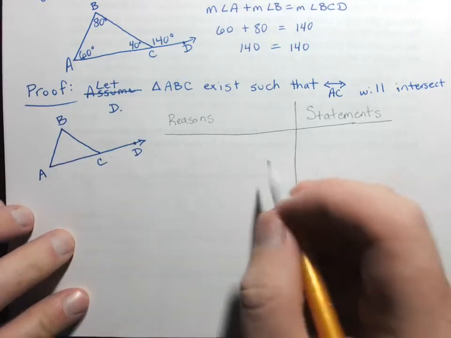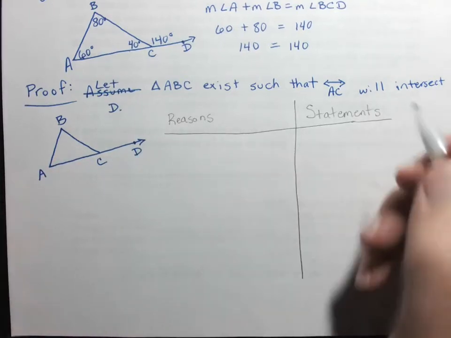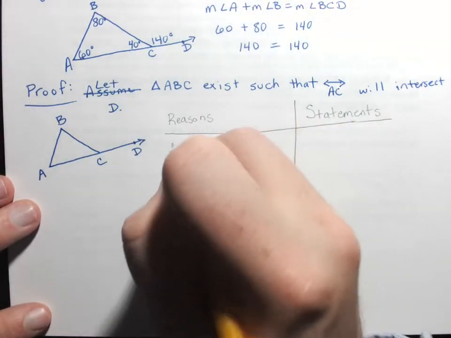So let's look at our triangle here, and let's start off with our interior angles of a triangle, which we talked about yesterday. I'm not going to look into that again.